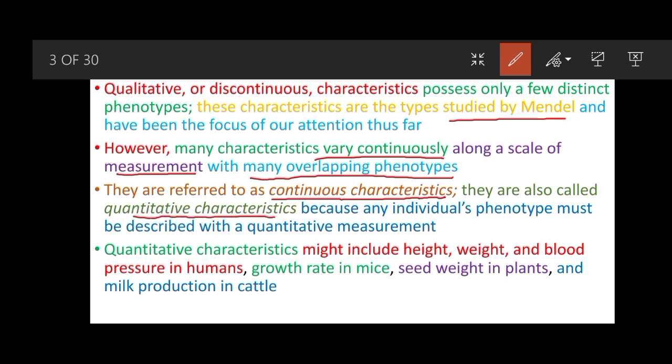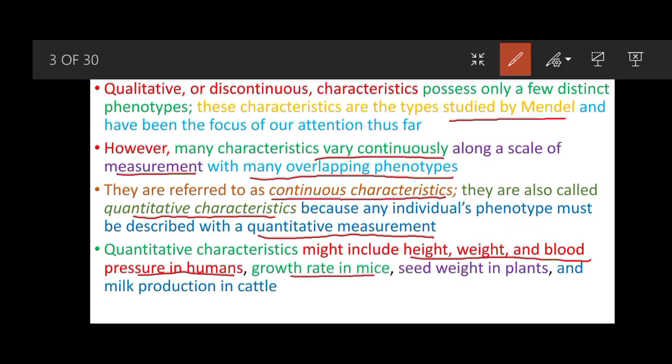Because any individual's phenotype must be described with a quantitative measurement, we can say that they are quantitative characteristics.